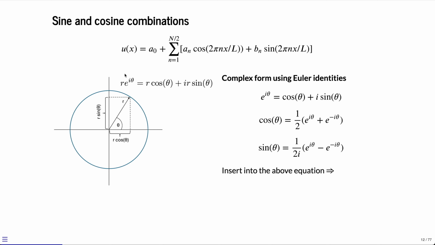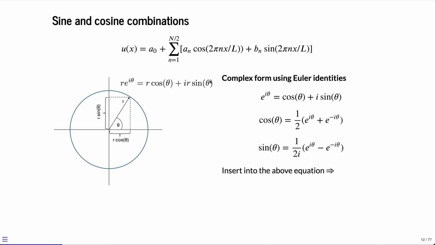So we have the polar coordinates, r e to the i theta listed here, and then the Cartesian coordinates would be this point, r cosine theta drops us down to the x location on the real axis, and r sine theta drops us over here to point y on the imaginary axis.